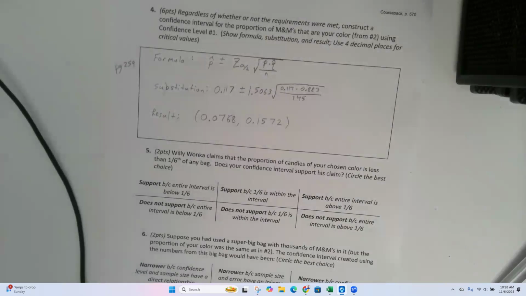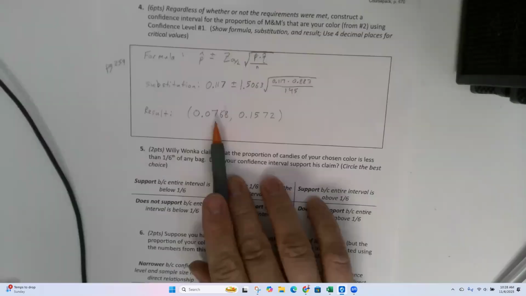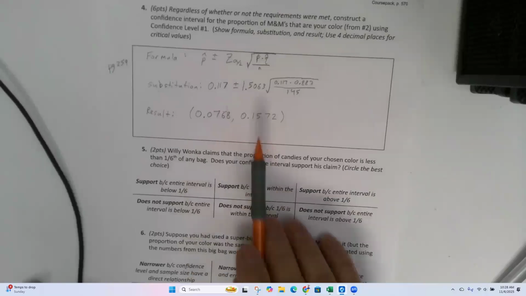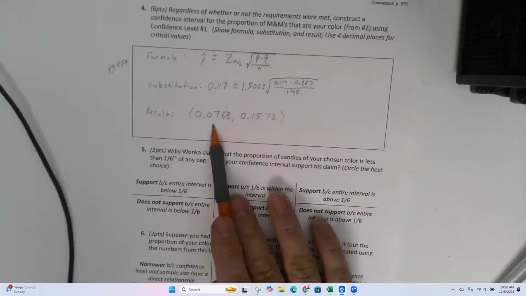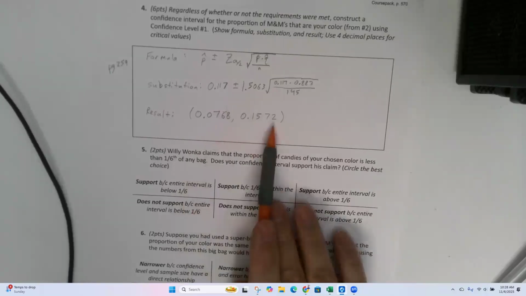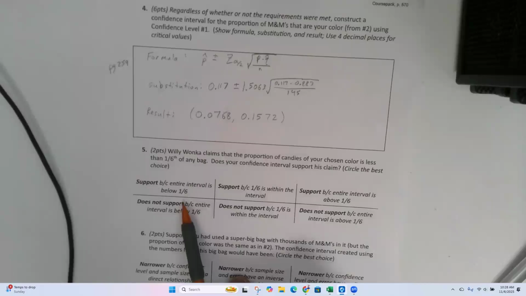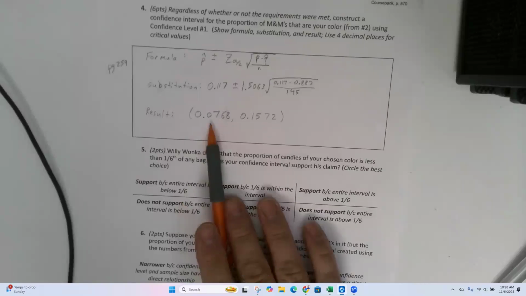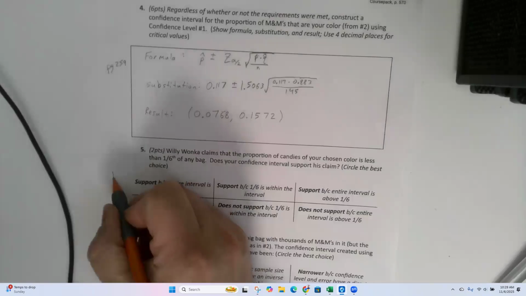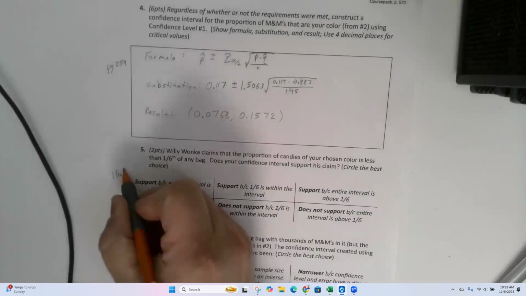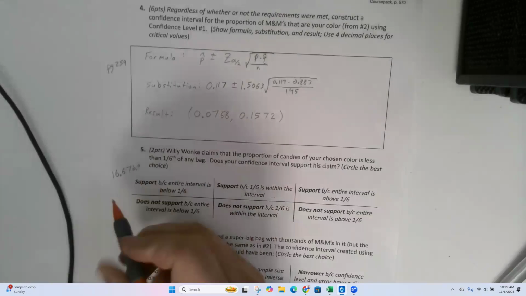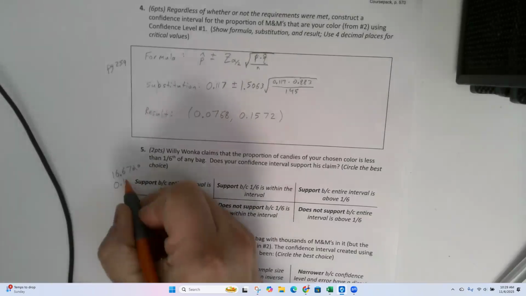Maybe red dye costs more or something, but he thinks that the true value is not 1/6. Does our confidence interval support that? Well, that depends on whether 1/6 is in the confidence interval or not. So 1/6 as a decimal is 16.67% or 0.1667.